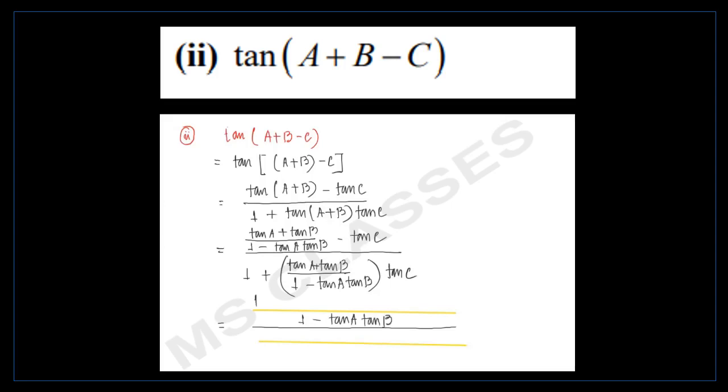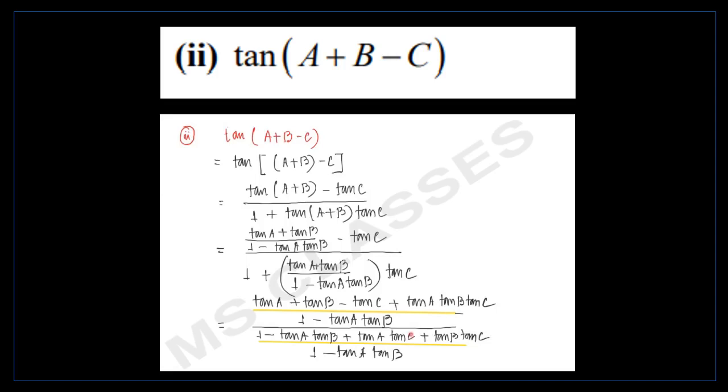So we get tan A plus tan B minus tan C plus tan A tan B tan C, divided by the same LCM, 1 minus tan A tan B. Now if we multiply here, what we get is 1 minus tan A tan B plus tan A tan C and plus tan B tan C.